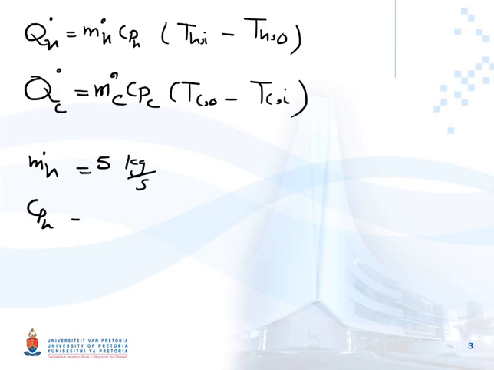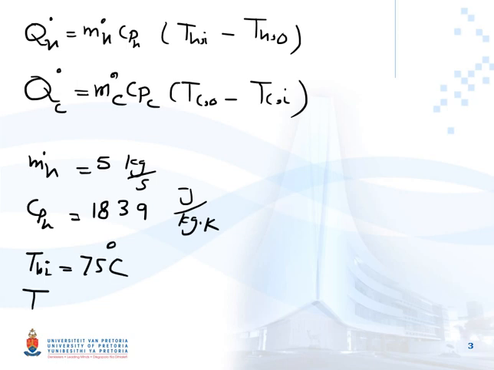The Cp h the question is giving us, so we have it, is 1839 joule per kilogram Kelvin. Th in is 75 and Th out is 45 degrees.